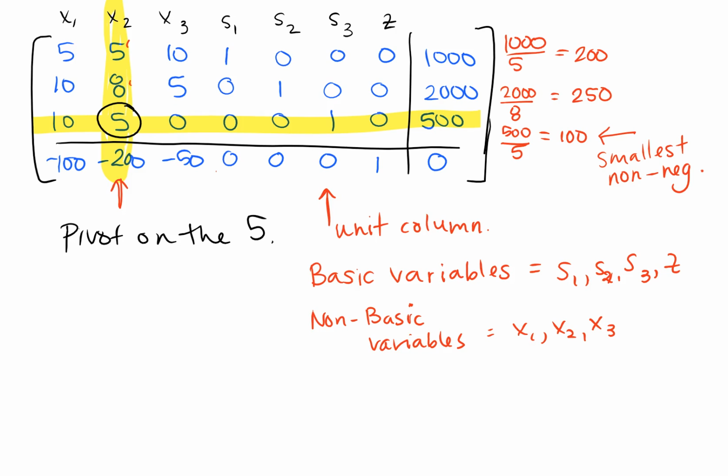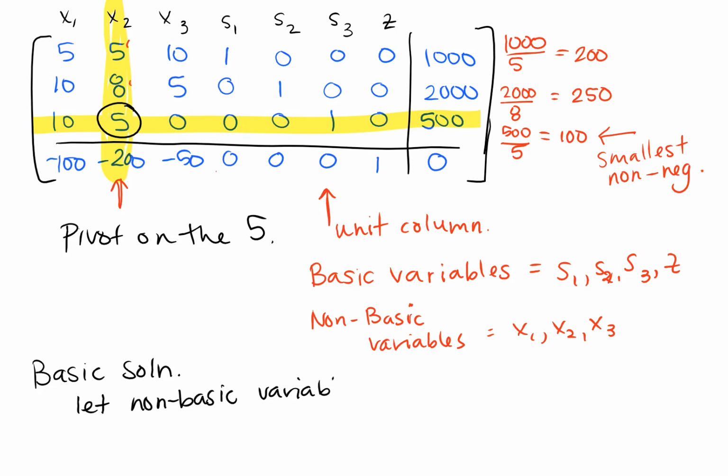In order to read the solution from the simplex tableau, we have to get what's called the basic solution. You find your basic solution by letting the non-basic variables equal 0.